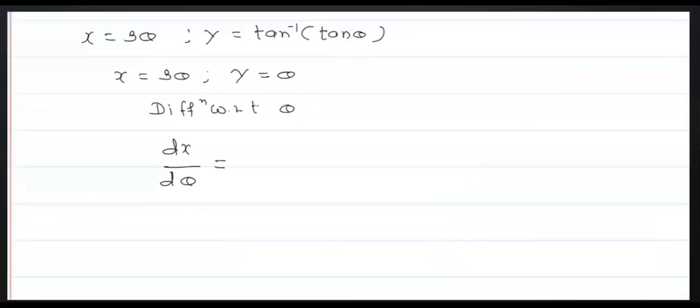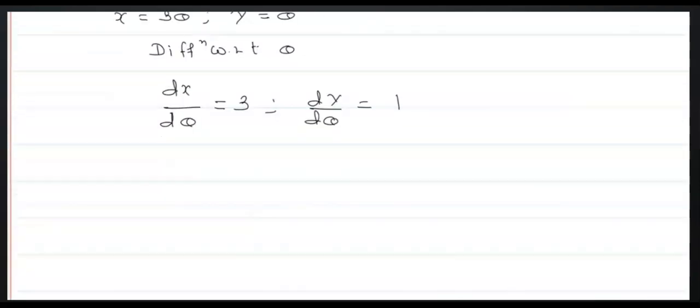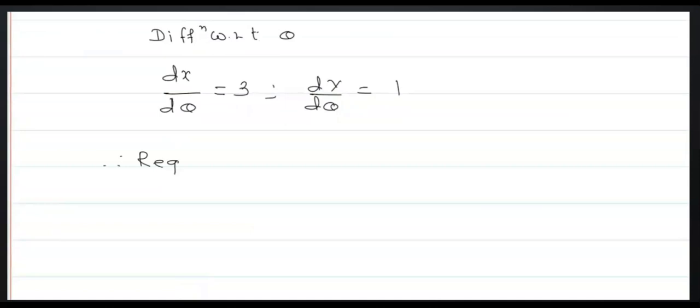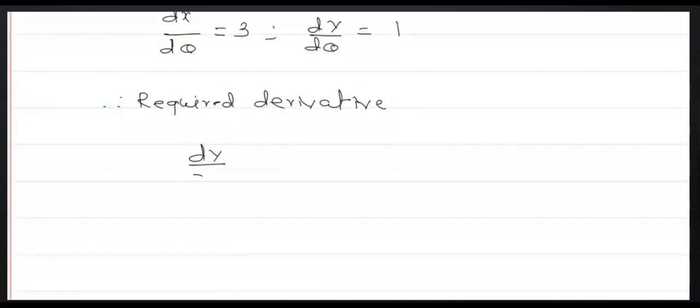dx upon d theta is 3 and dy upon d theta is 1. And that's why dy by dx, the required derivative, dy by dx is equal to dy by d theta upon dx upon d theta.